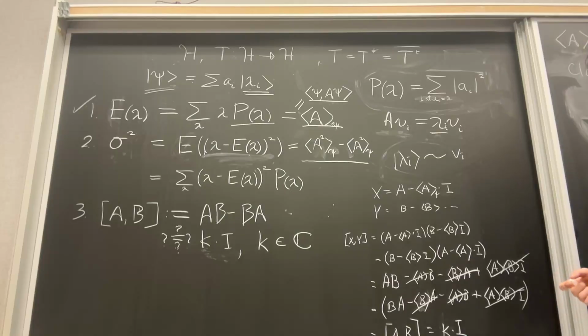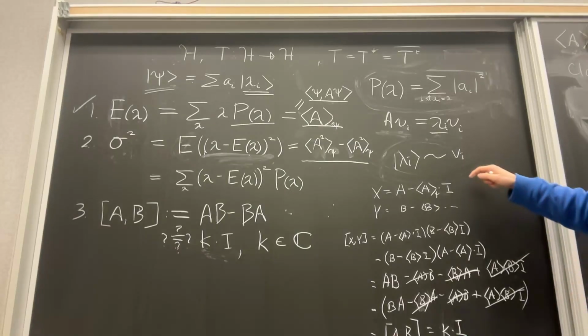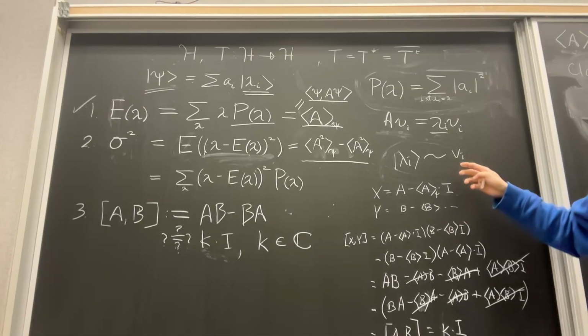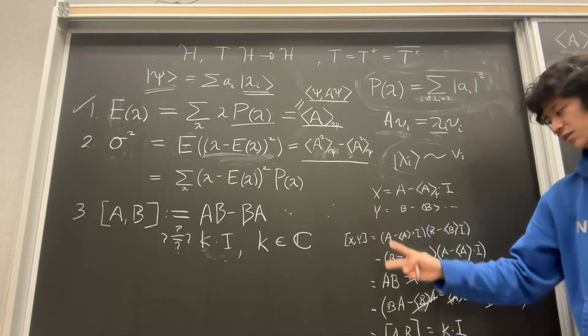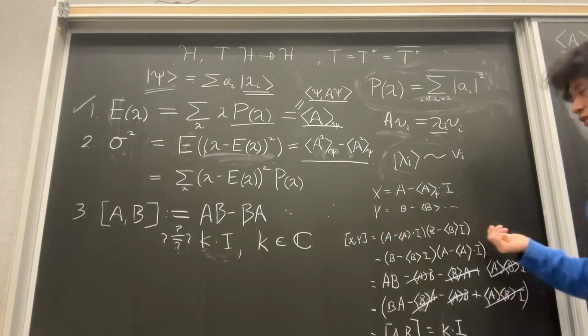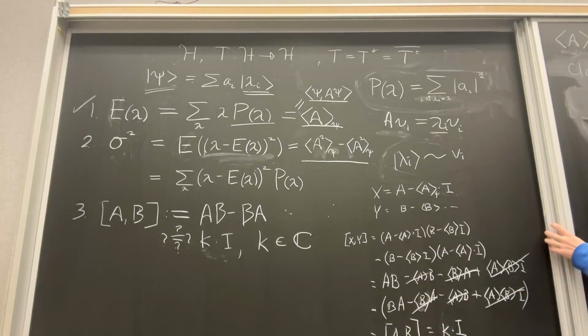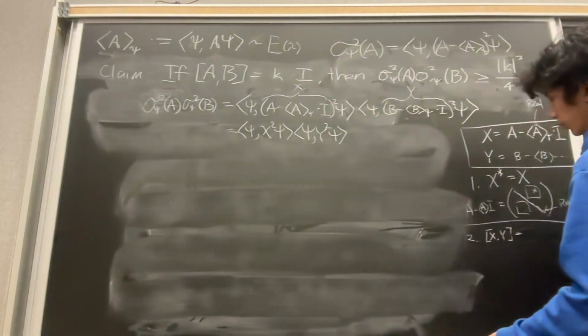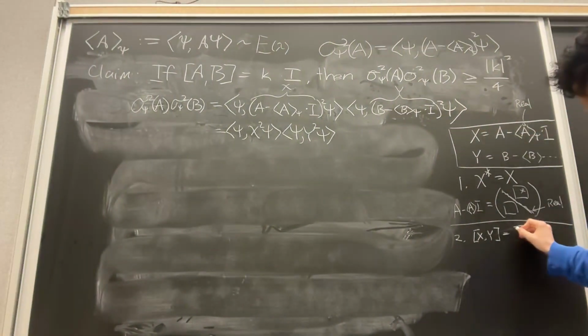Okay, so what this is saying is basically doing this kind of operator transformation, you're still respecting the commutator. The commutator is invariant under this transformation. So that's a good sign. Okay, we're back. So the commutators are equal.